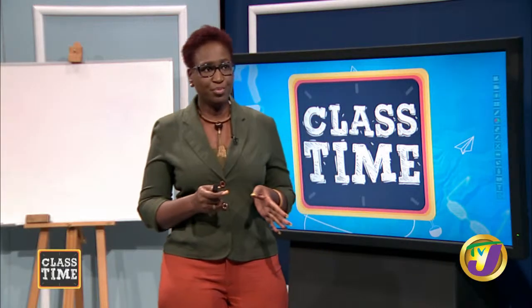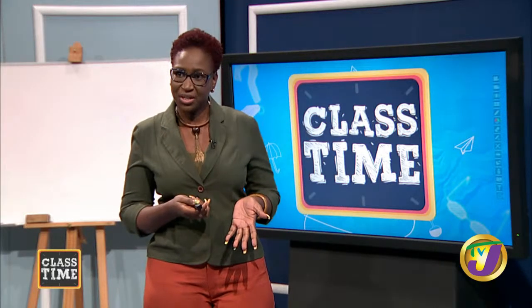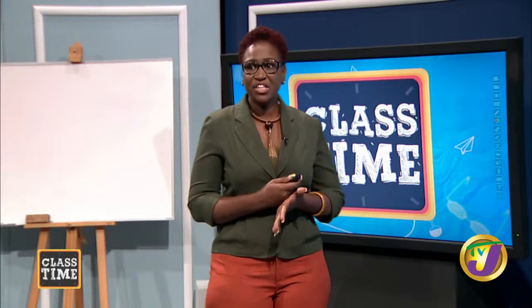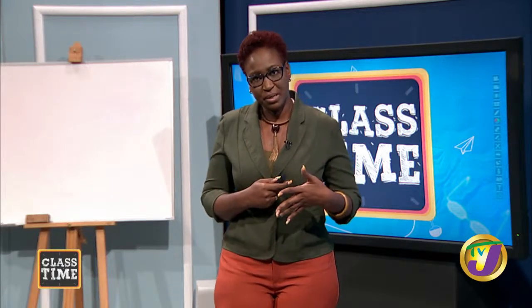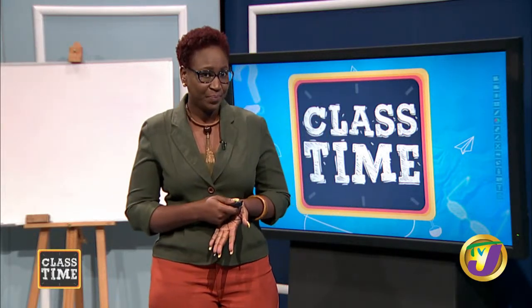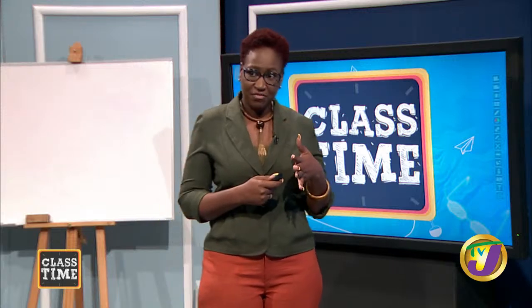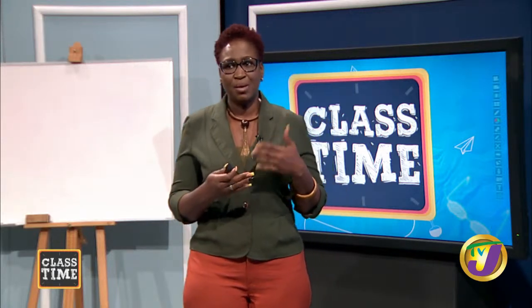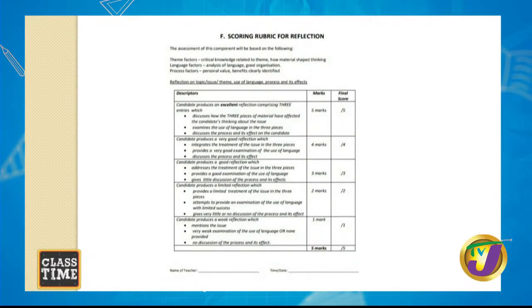All right, your next rubric, of course, is for the reflection. Now, the reflection, even though it's 3 different parts, it's marked out of 5. So to get the full 5 marks, you have to complete more or less the ultimum for all 3 reflections. So if you look at the very top tier there, notice it says you produce an excellent reflection comprising of 3 entries.